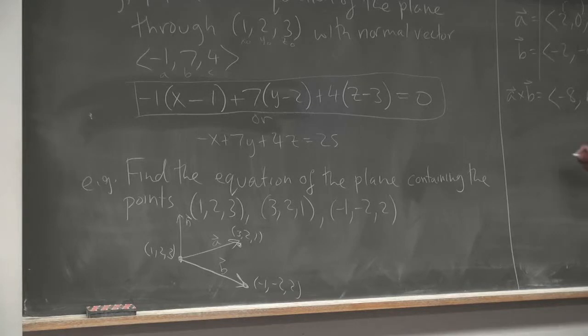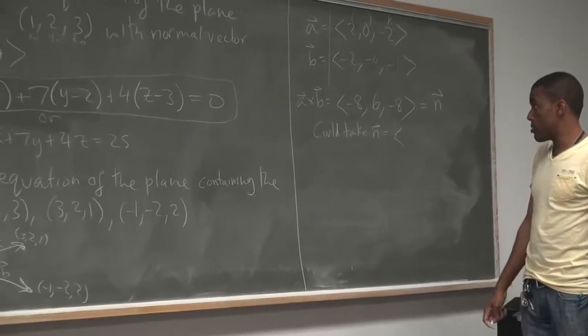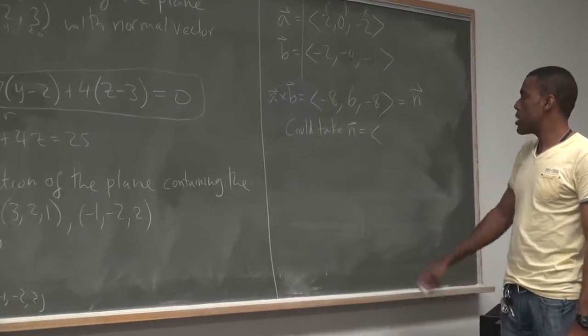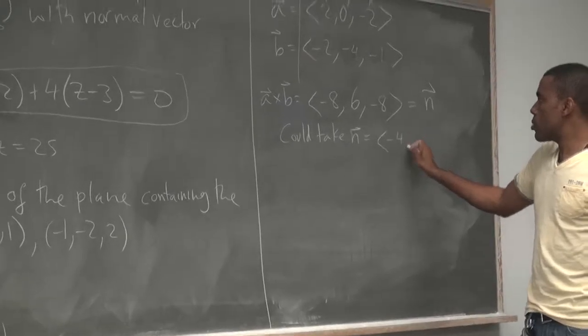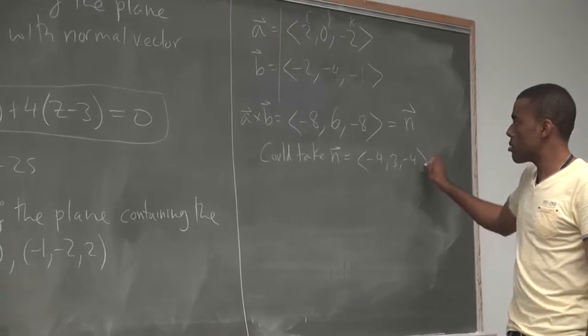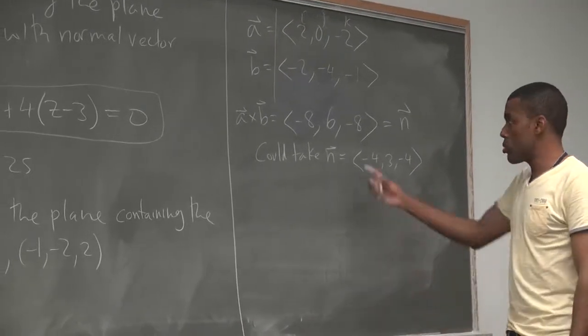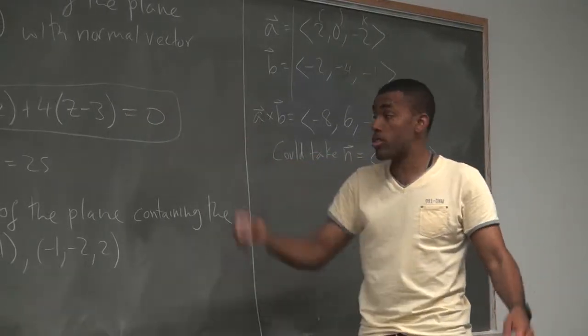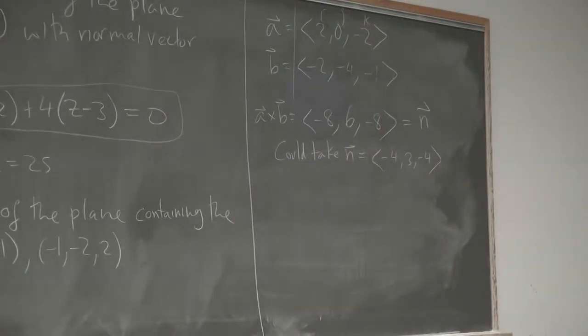In fact, I could take n to be anything parallel. So if the numbers are big, that's no problem. We could divide everyone by 2 or minus 2 and get minus 4, 3, minus 4. We could also use that, right? Because when we plug it into the equation, we can divide through by 2 anyway.